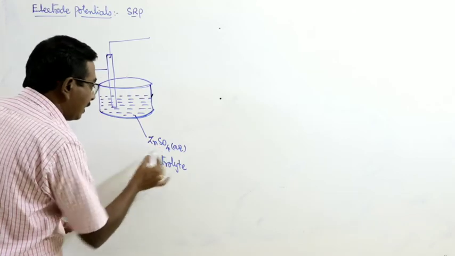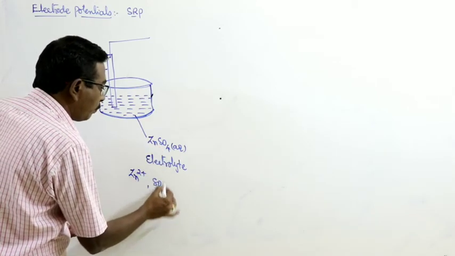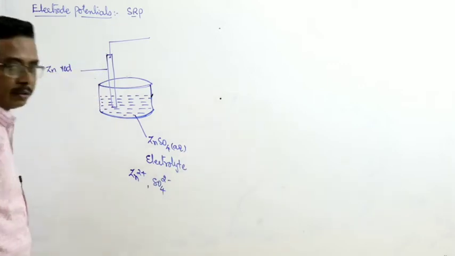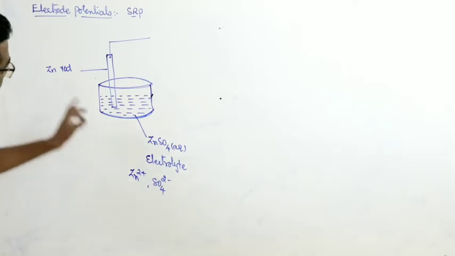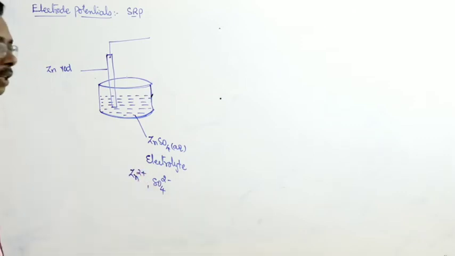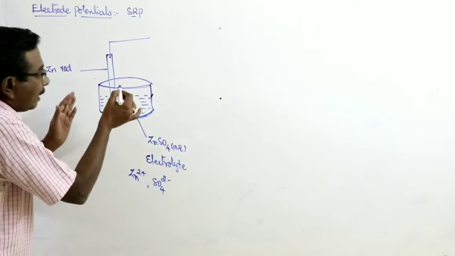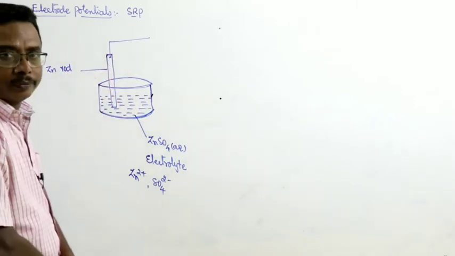In this electrolyte, in this aqueous solution, Zn2+ and SO4 2- ions are present. And in this zinc sulfate, the zinc rod is suspended. Right?